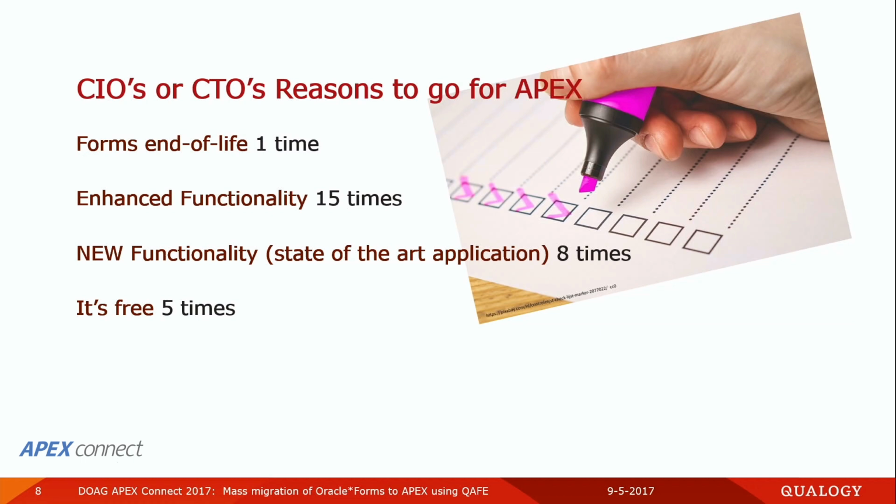That's not really extending the functionality in the sense that the process has changed. New functionality is everything where a customer says, okay, I want an Apex application because my business process has changed. I have to do my work differently.